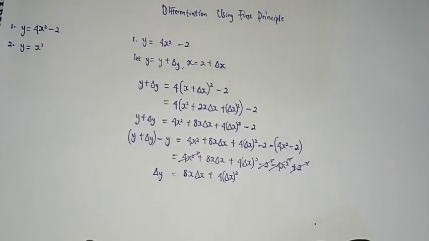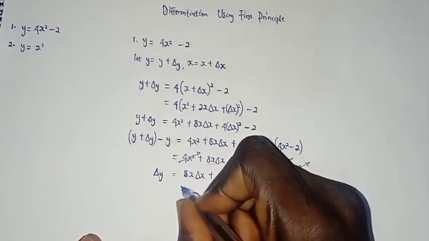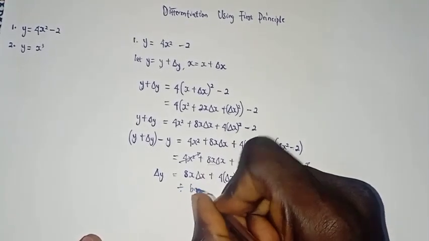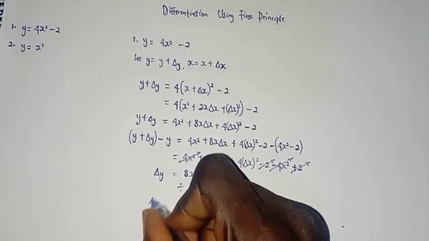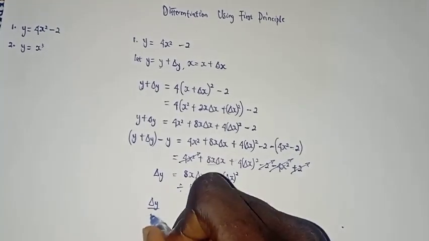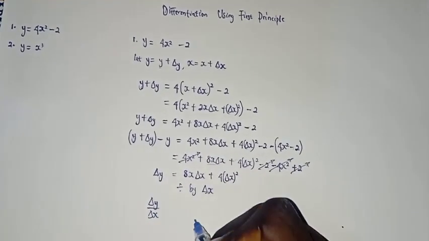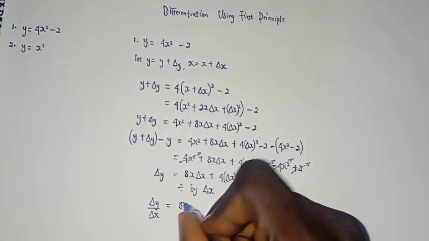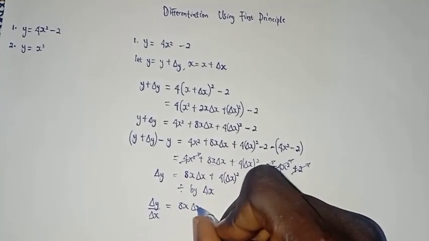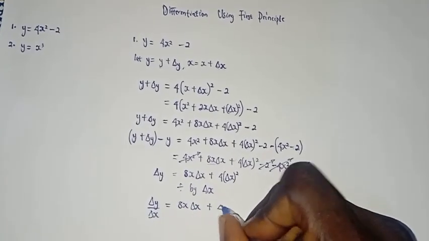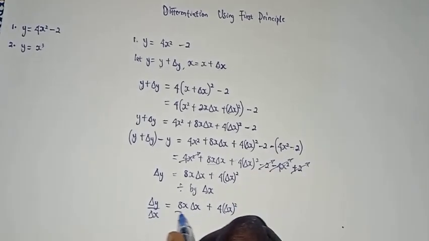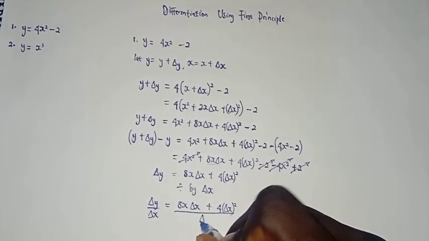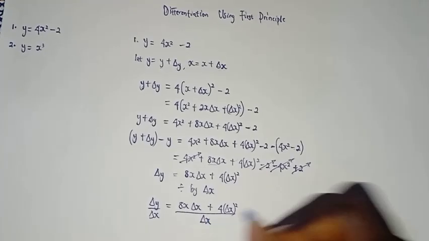Now we divide through by delta x, so this becomes delta y all over delta x equal to 8x delta x plus 4 delta x all squared all over delta x, right?